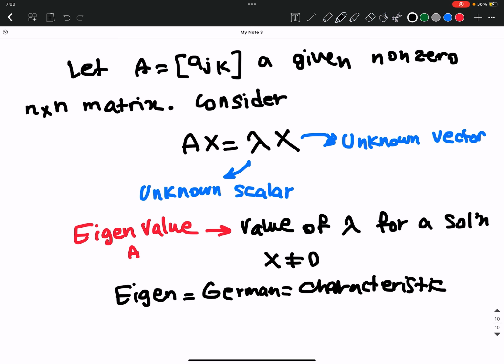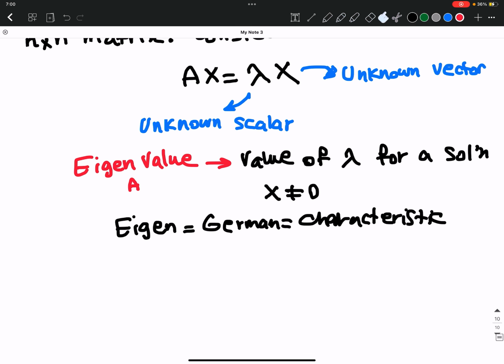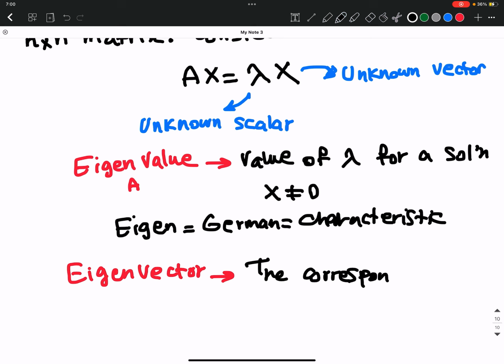Okay. Now, what is an eigenvector? An eigenvector is basically the corresponding solutions of x not equal to 0.